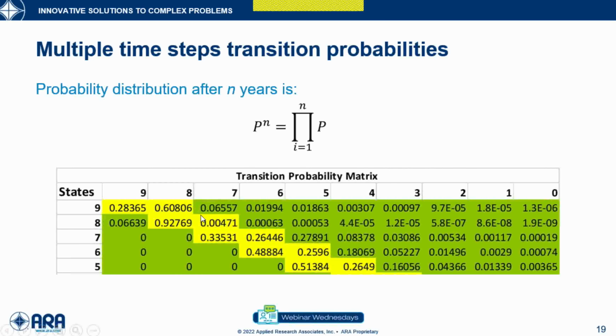So for example, in here, we're looking at the transition probability matrix for the previous one after 5 time steps, 5 years. If the culvert is currently in condition state 9 or has condition rating 9, after 5 years, there is a probability of 0.283 to stay in 9, and there is a probability of 0.608 to transition to 8, and so on.